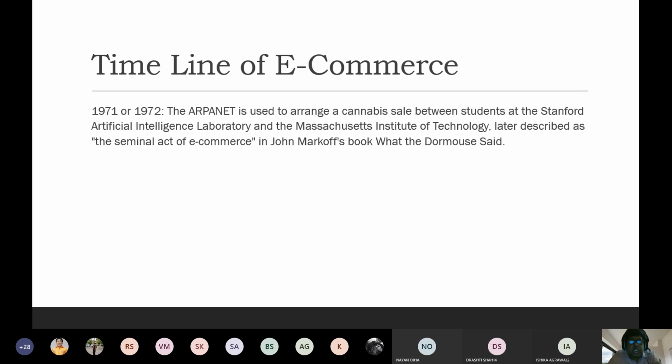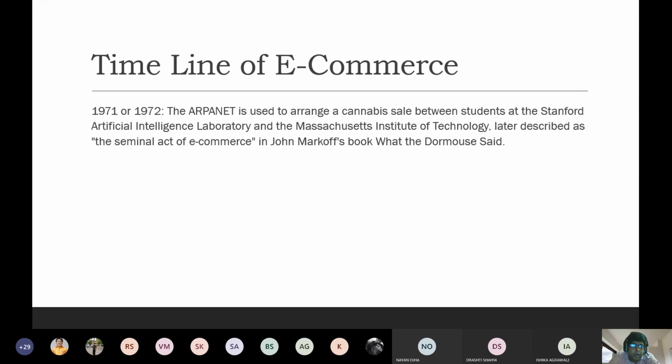So basically, there was no such thing as e-commerce at that time, but there were people at MIT, and they thought, we want marijuana, and they wanted it to be sold through a channel, because you all understand that this particular sale of drugs is quite illegal. So they wanted it to be sold via a channel which is not known to everyone, and that's the time when they decided to use ARPANET to sell these drugs online.